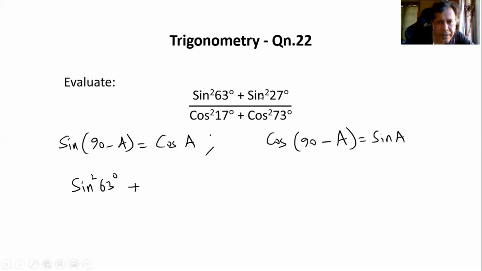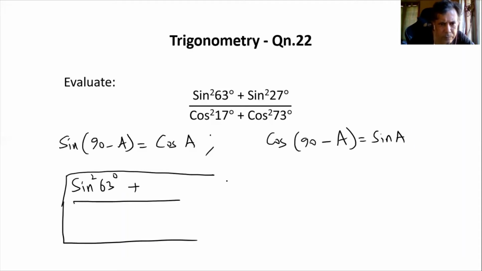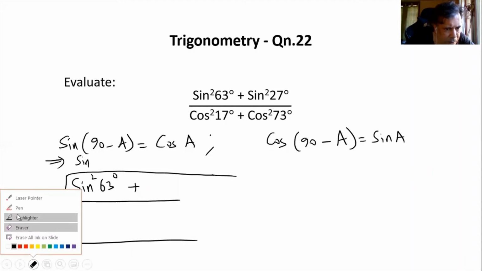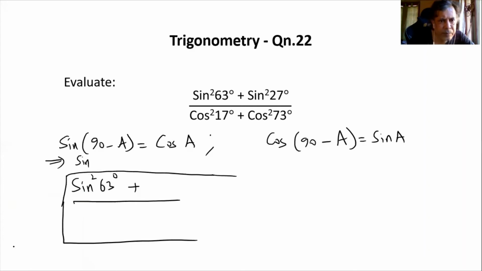But here there is a square. Let me write it here. So if I substitute A for 63, we have sine of 90 minus 63. 90 minus 63 is 27.